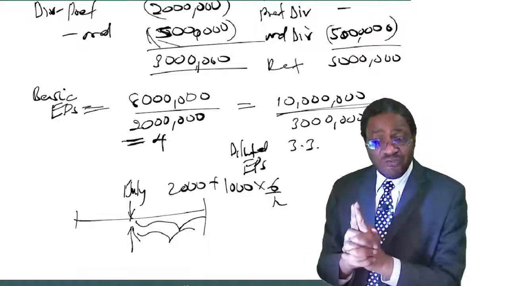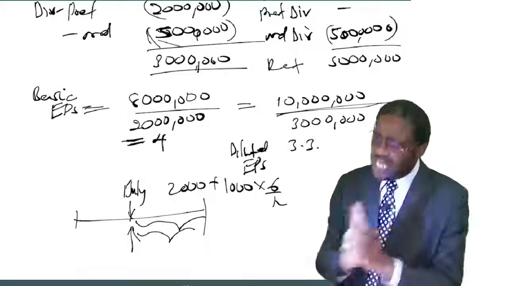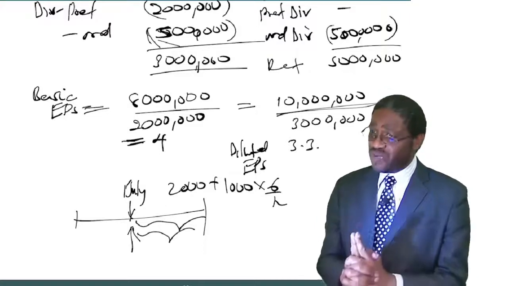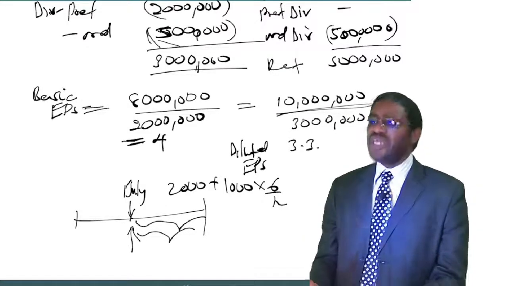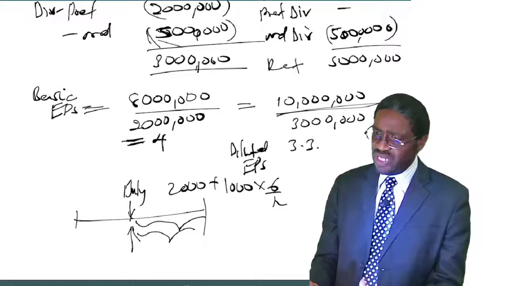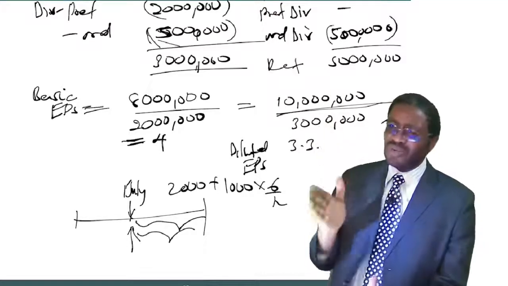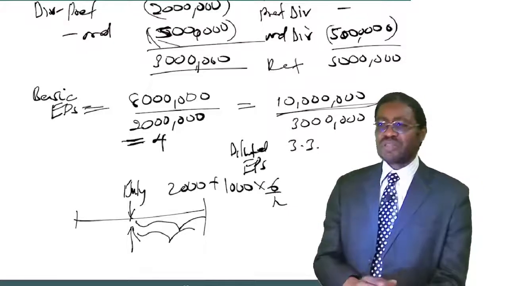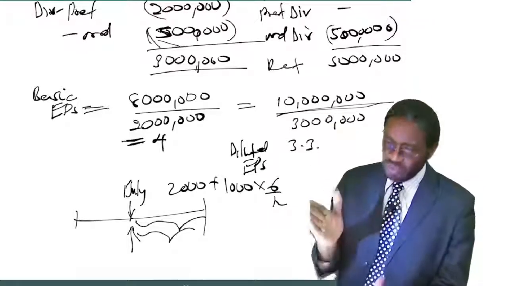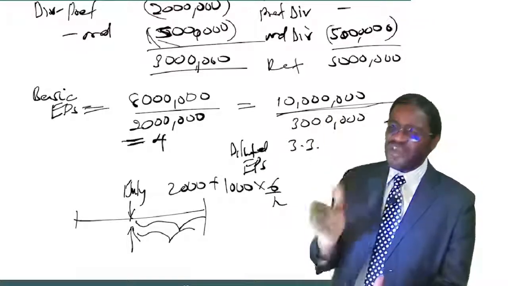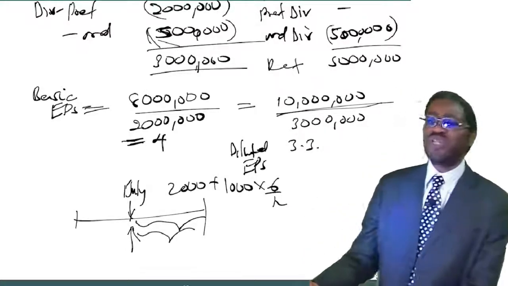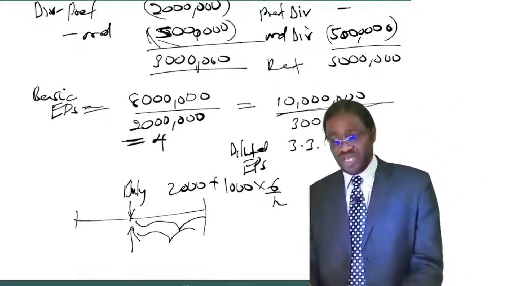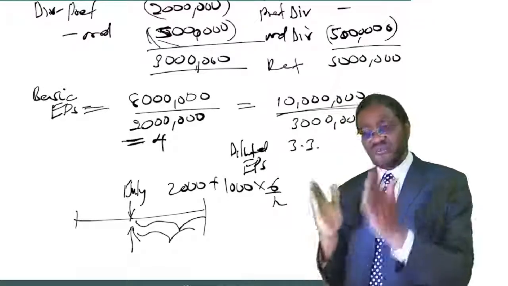Then we have gone further and said, what if your preference shares were issued in between the year? If they were issued in between the year, then the conversion is assumed to be with effect from the date of the issue, which is 1st July.